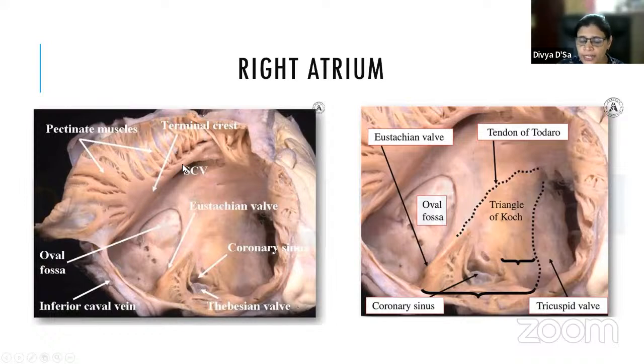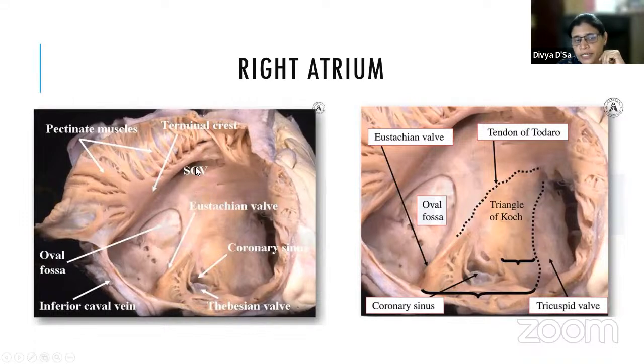On the outside, we call it the sulcus terminalis. That is the junction of the anterior wall and the posterior wall of the right atrium. Inside, we call it the crista terminalis. So what features do we see in the posterior wall? The posterior wall shows the opening of three main structures and smaller veins: the superior vena cava opening, the inferior vena cava opening, and the coronary sinus opening.